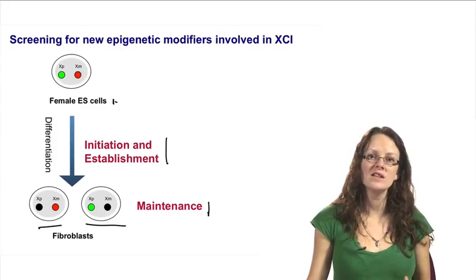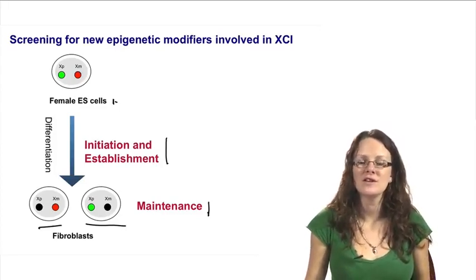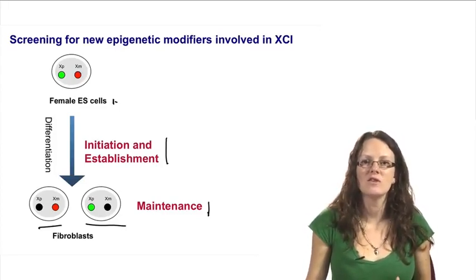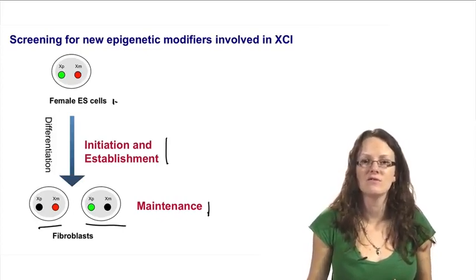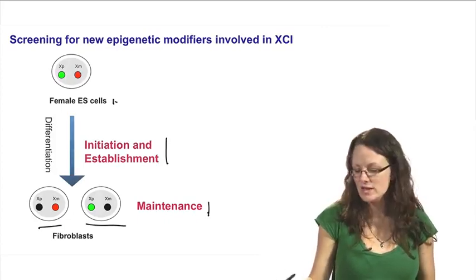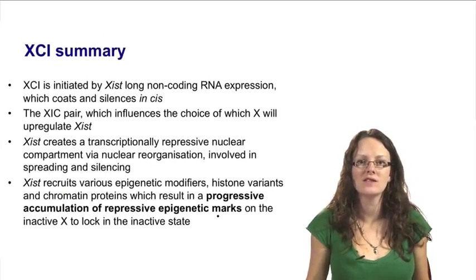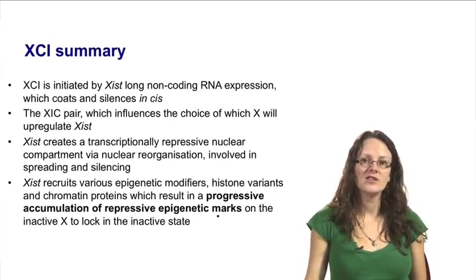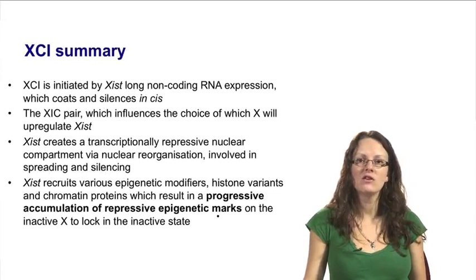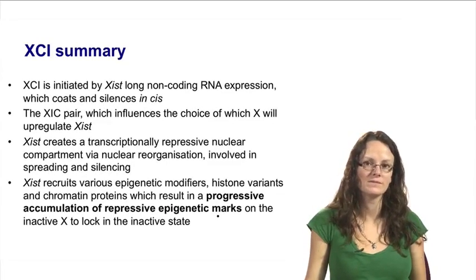The reason we study this is for the same reason I wanted to tell you all about X inactivation, and that's because everything that we seem to learn about X inactivation is in fact true for epigenetic control throughout the genome. So in summary, of what I've told you about X inactivation over the past several lectures, we know that X inactivation is initiated by EXIST, this long non-coding RNA that is absolutely critical for X inactivation to occur.